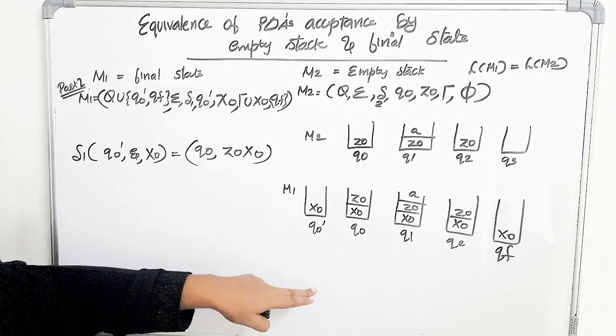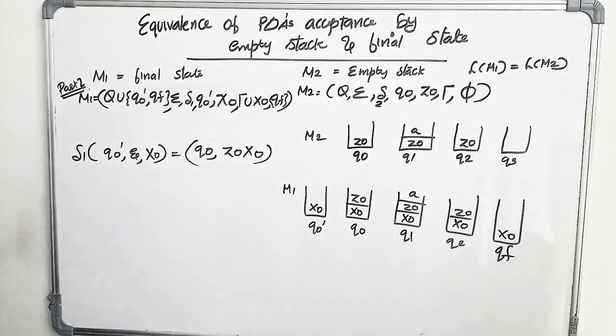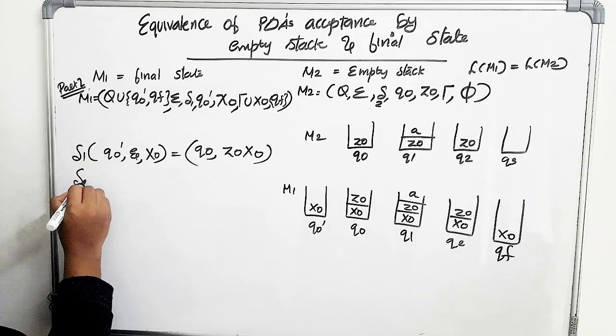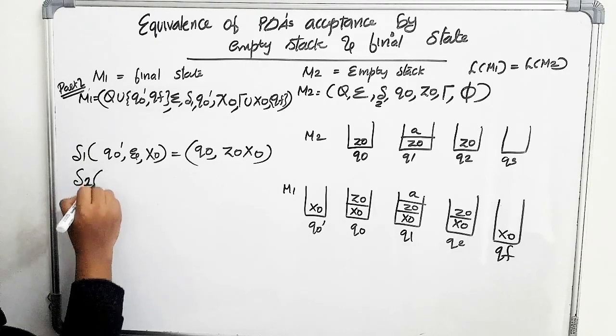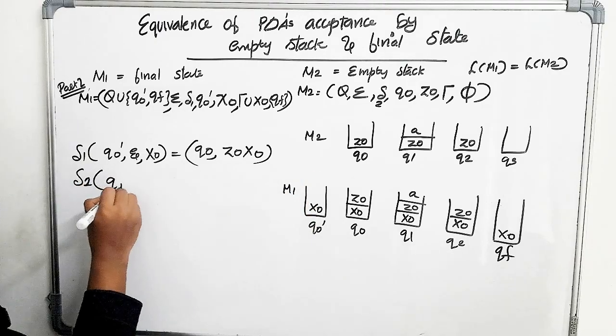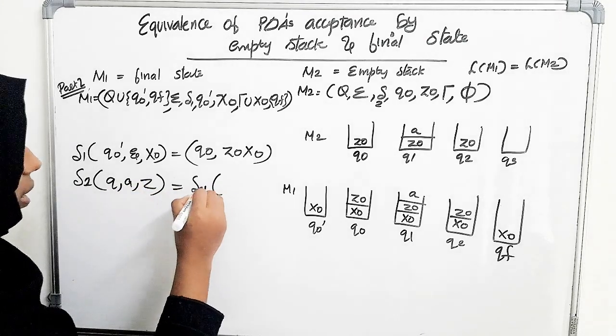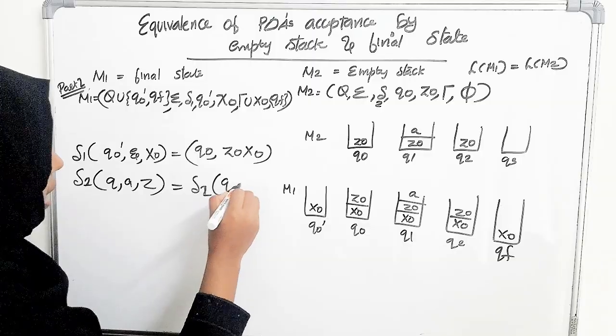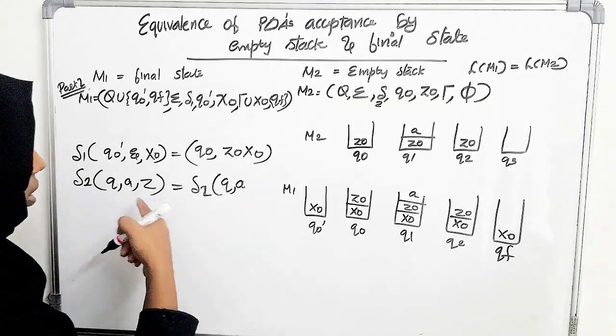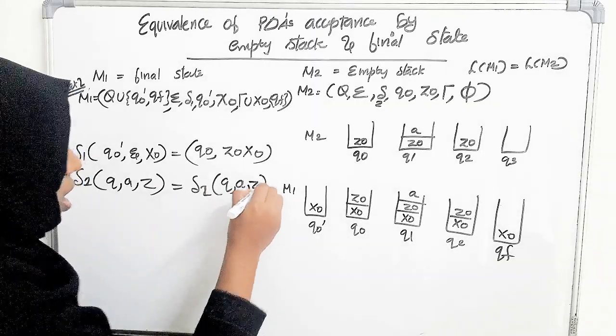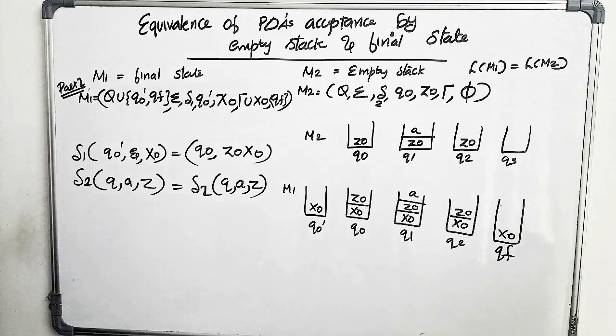Now the second thing that we can do is, from there onwards we can simulate all the transitions done by M2, that is, we can simply copy everything done by M2. That is, for any state Q and any character A and any stack content Z, we can simply copy the transitions done by M2, so that we can get the similar behavior here also.